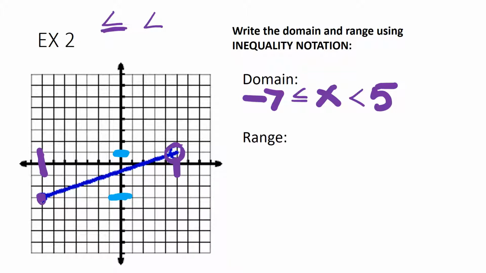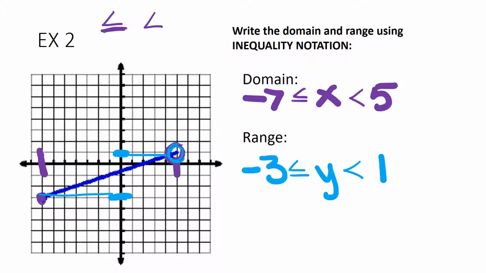So now when we talk about the y values, we're here on our y-axis all the way up to here. So y is between -3 and 1. There's a closed circle at y is -3, so that's going to be less than or equal to, because it's a closed circle. And then we have an open circle at y is equal to 1, so that's just going to be less than.